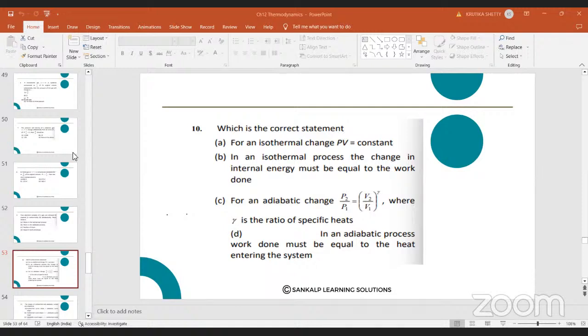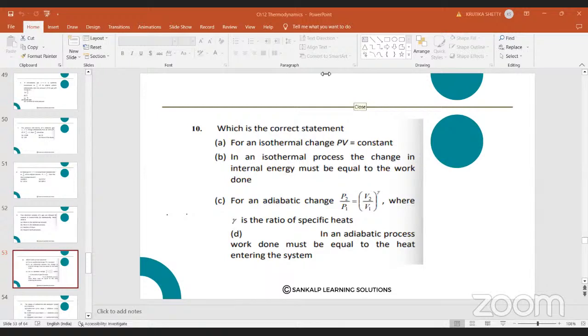P1 V1 is equal to P2 V2 raised to gamma. If you cross multiply and simplify the equation, would it become P1 V1 is equal to P2 V2 raised to gamma? No, it does not. Yes, A is correct. Here A is correct. That is the isothermal change. PV is equal to constant.